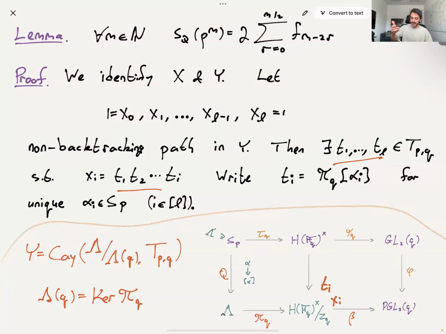And the T_i's, as I said, are the application of pi_q followed by the application of capital Q. So you can write every T_i as pi_q applied to the class of alpha_i, where alpha_i sits here in S_P. And these are unique. We talked about it. So alpha_i is determined by T_i.